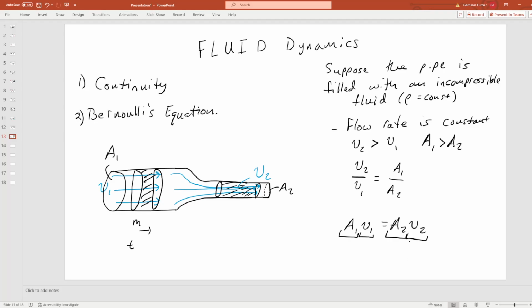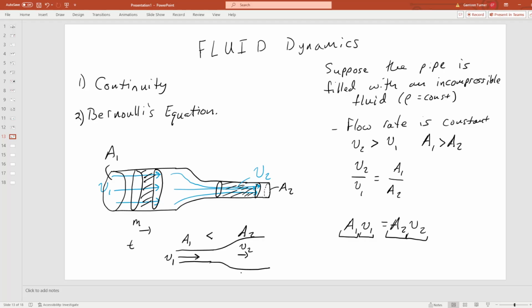Now, in our example, we're going from a large portion of pipe to a smaller portion of pipe, but the reverse is true. If I were going from a smaller portion of pipe to a larger portion of pipe, then whatever the velocity in the first portion would be, the velocity in the second would have to be smaller, if A1 was less than A2.